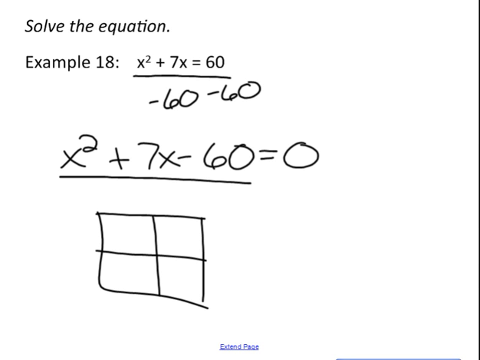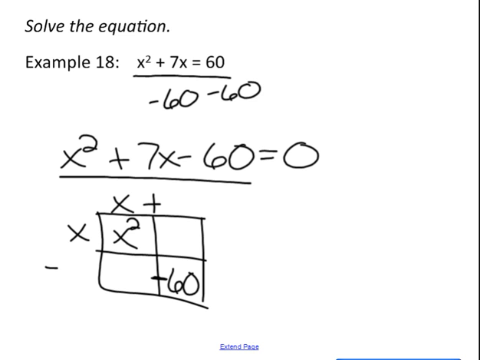Let's use the box. So we have x squared and negative 60. Since we have x squared, it's going to be x times x. And the 60 is negative, so one has to be negative and one has to be positive. What we're looking for is two numbers that will multiply to get negative 60.